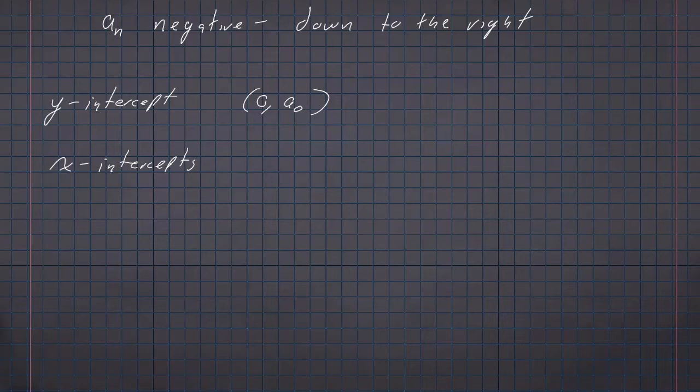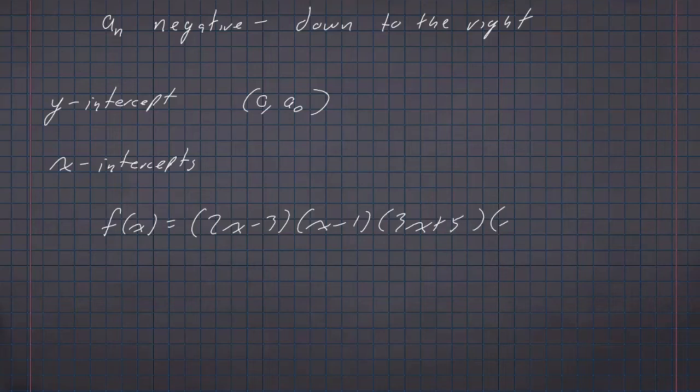The x-intercepts are a little bit trickier. To find those, we will use the zero product rule. And that's why it was so convenient to have our polynomial given in factored form. Right? If we have f of x equals, say, 2x minus 3, x minus 1, 3x plus 5, and x plus 4.